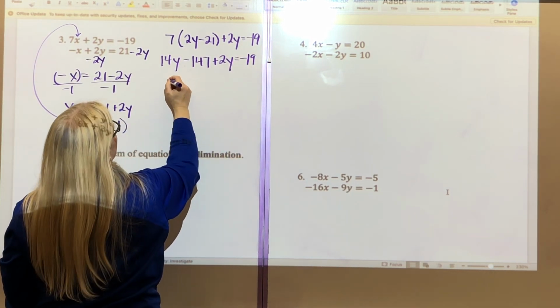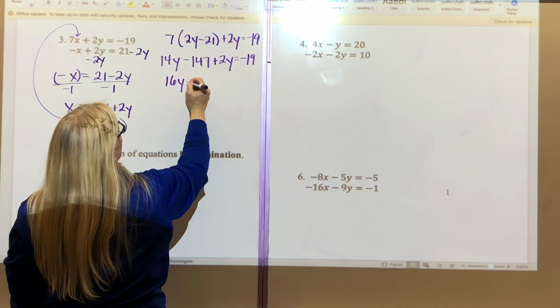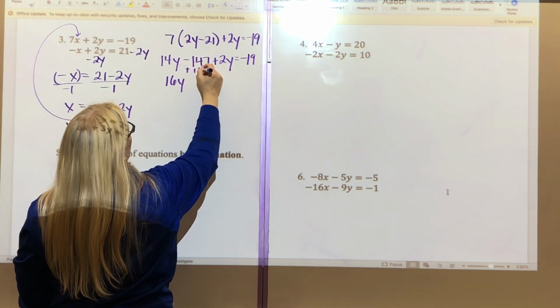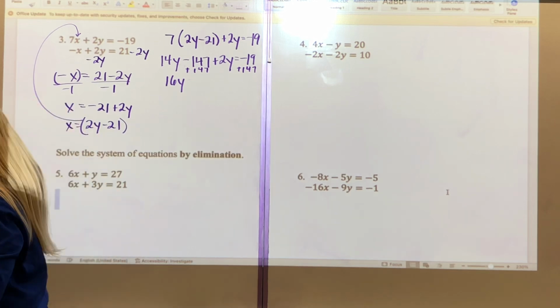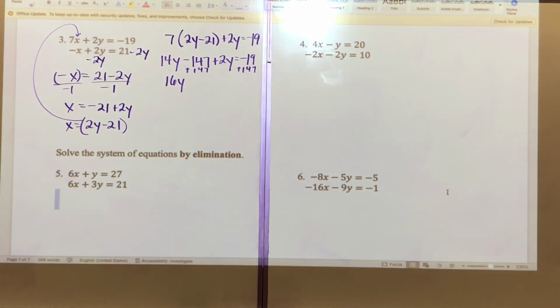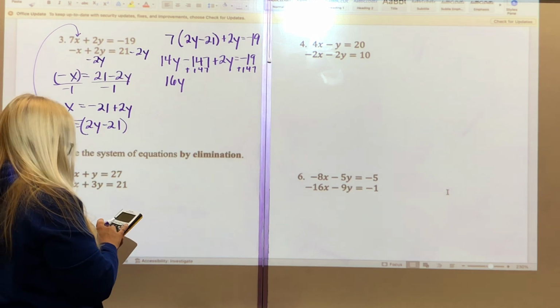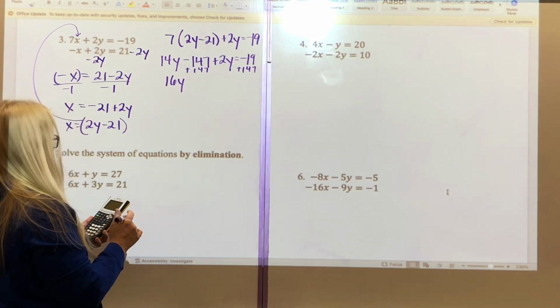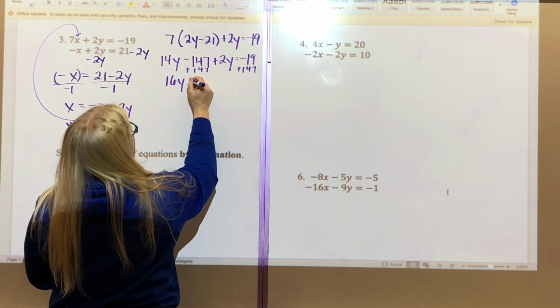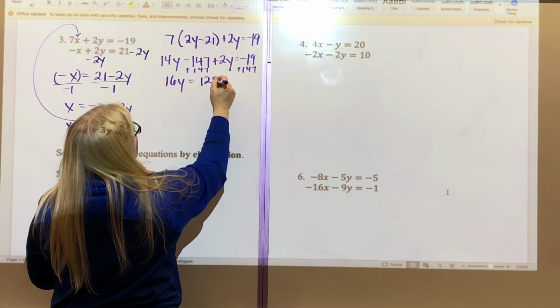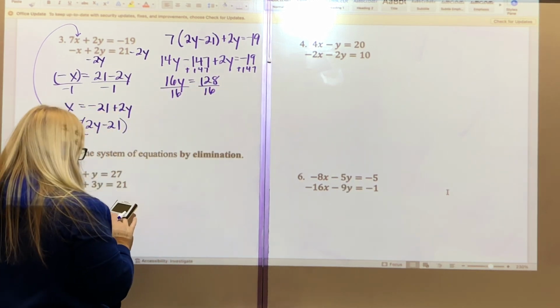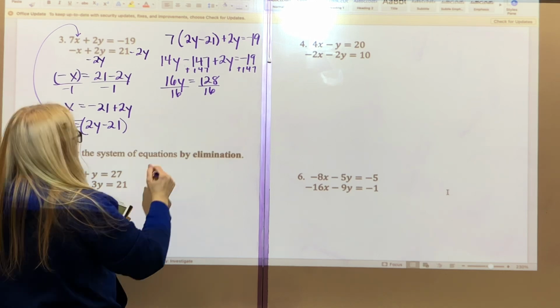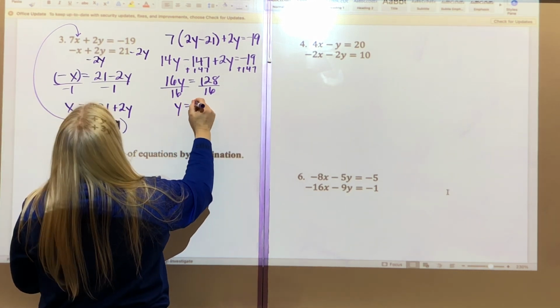So we combine like terms, 16y, and then I'm going to add 147 to both sides. I need a calculator. So 147 minus 19, 128. So 16y equals 128. Divide by 16, and I have y equals 8.